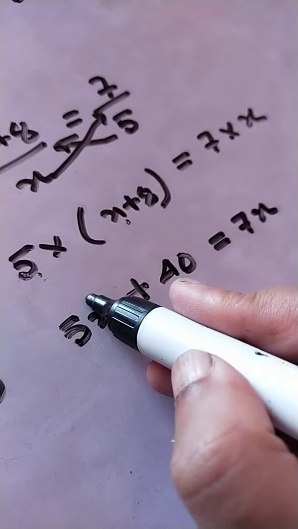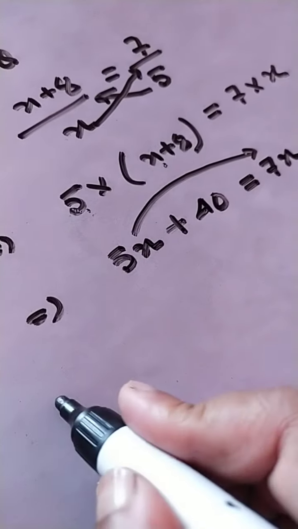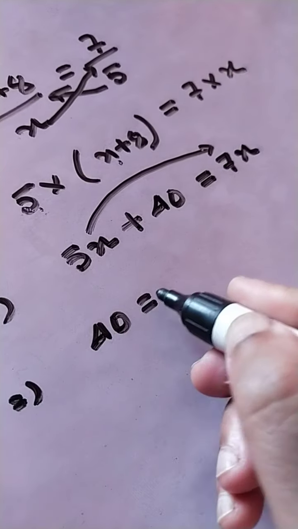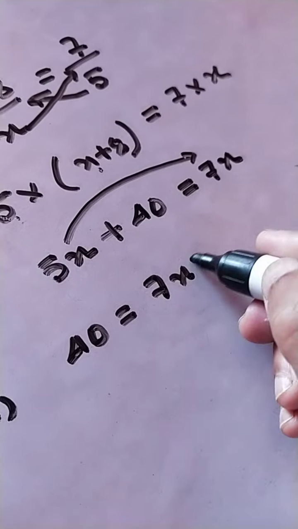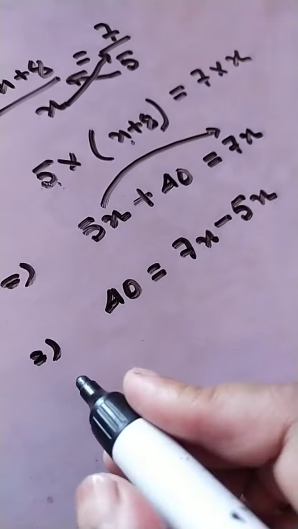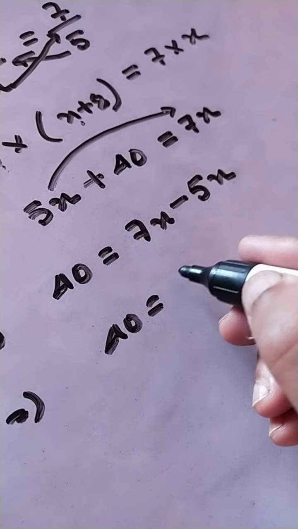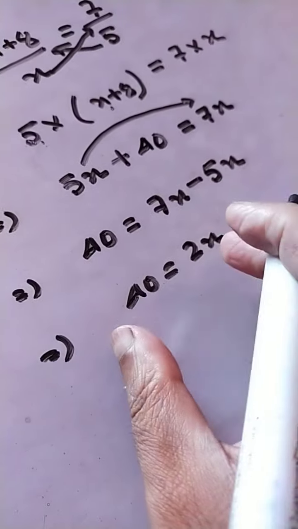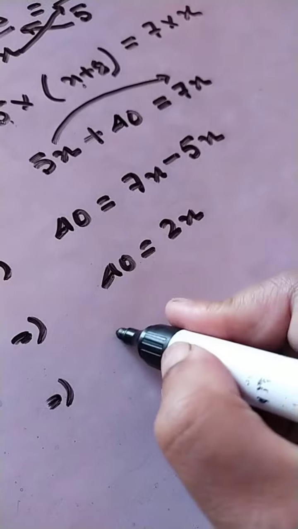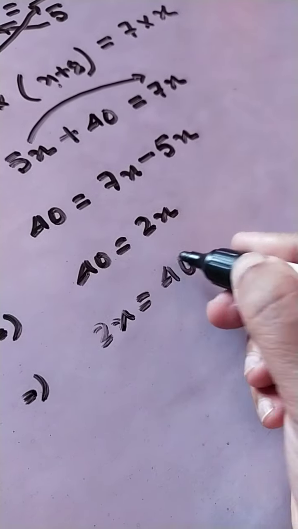Now we'll transpose this 5x towards the right hand side. It will look like 40 equals 7x minus 5x. So 7x minus 5x would be 2x, so we can write this equation as 2x equals 40.